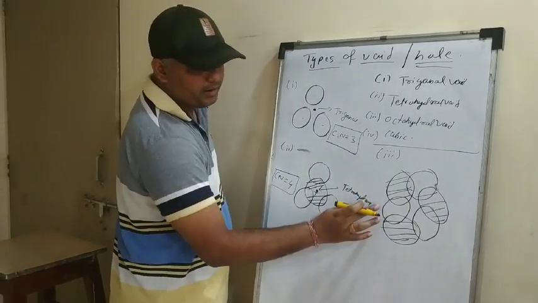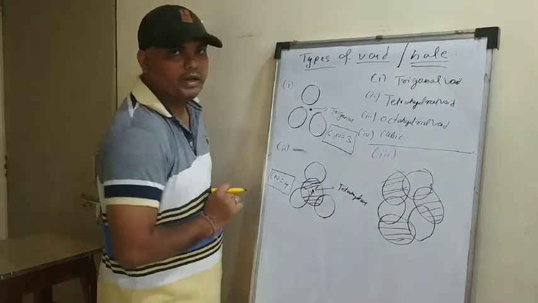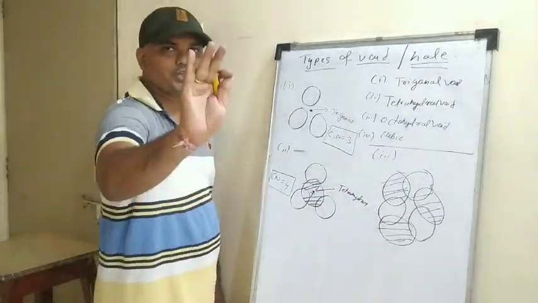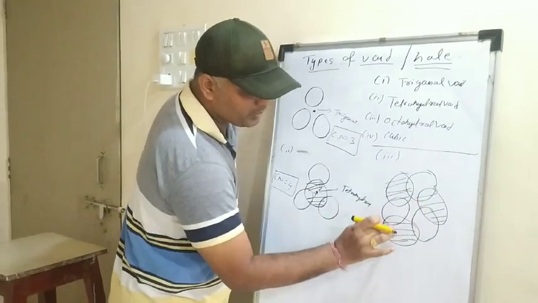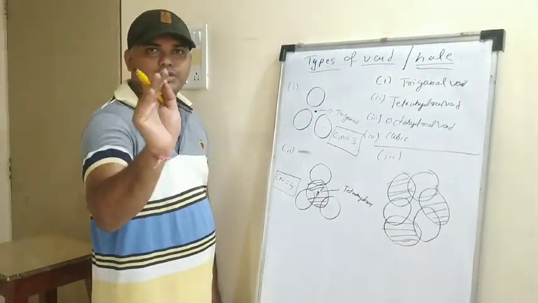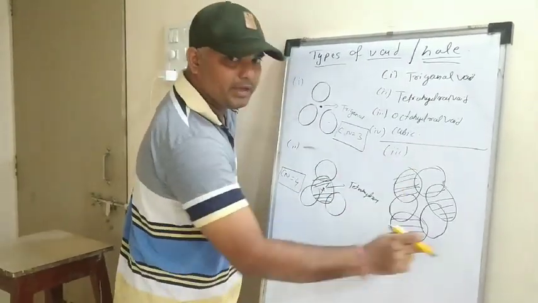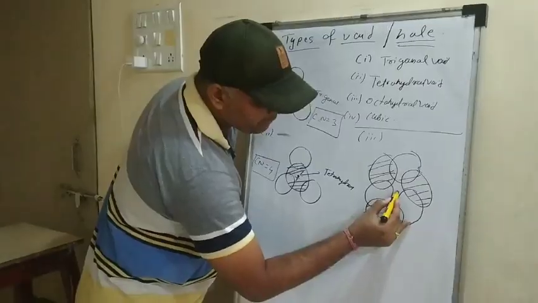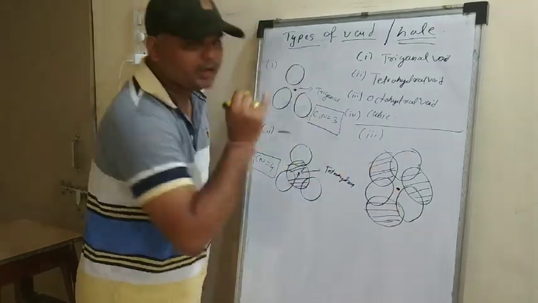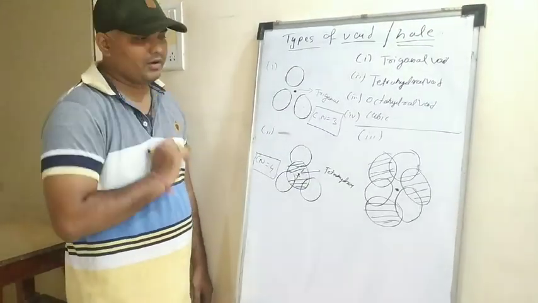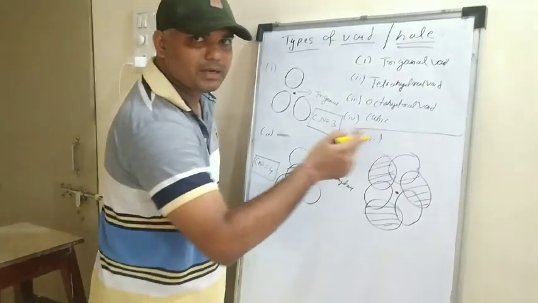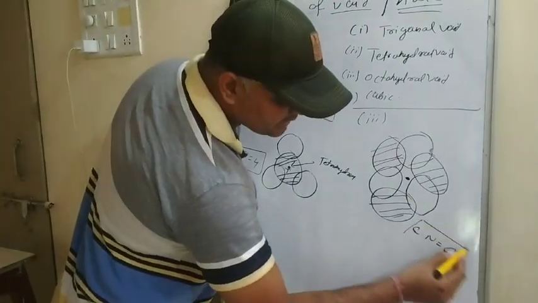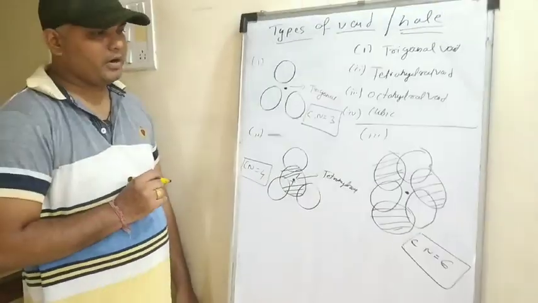This is one triangle and this is one triangle, so two triangles are there: 1, 2, 3 non-shaded portions and 1, 2, 3 shaded portions. That means the total becomes 6 constituent particles. The void which is formed in between is said to be the octahedral void. I hope you have understood. There are 6 particles, so the coordination number will be equal to 6.